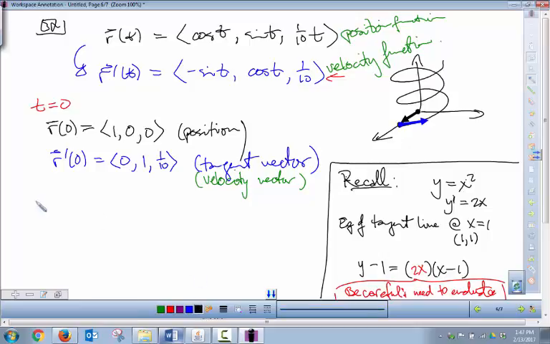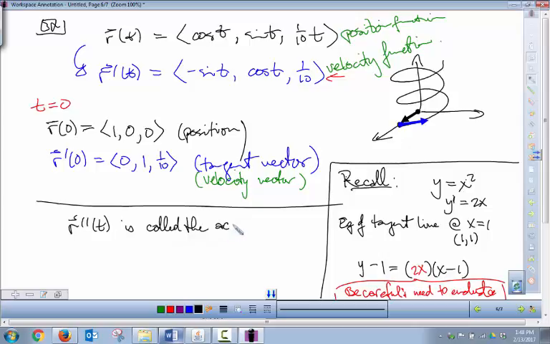And so you can guess what happens if we take another derivative: r double prime of t is called the acceleration function.